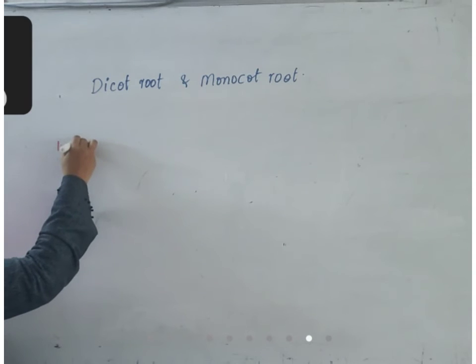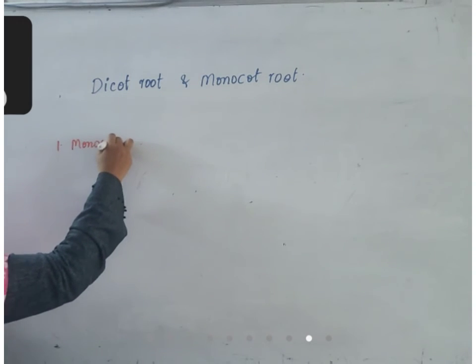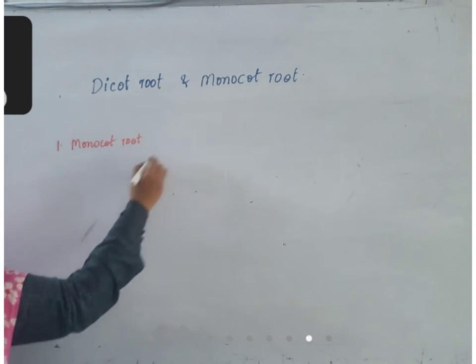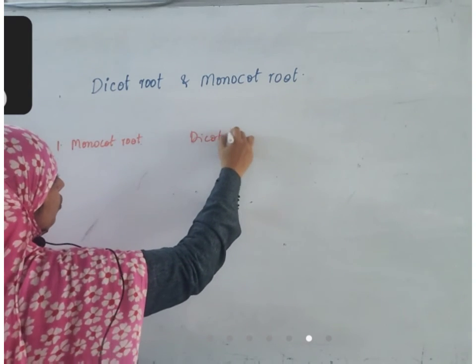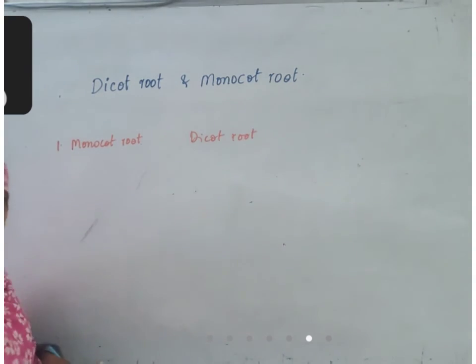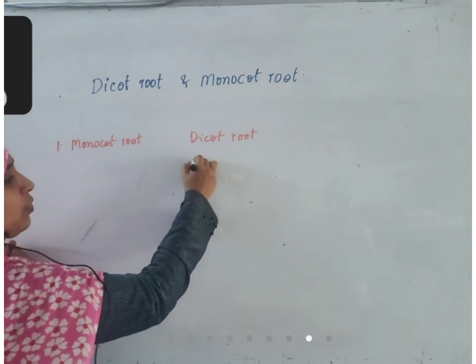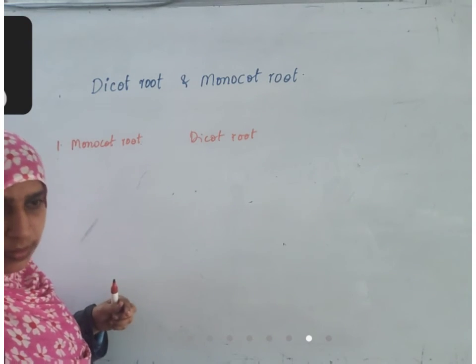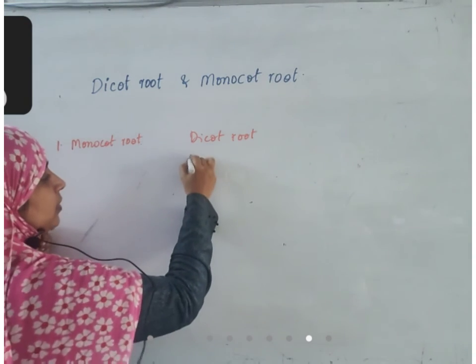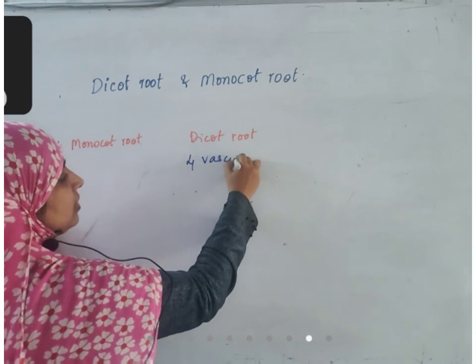First one, monocot root, dicot root. What are the major differences? Here we have 4 vascular bundles.